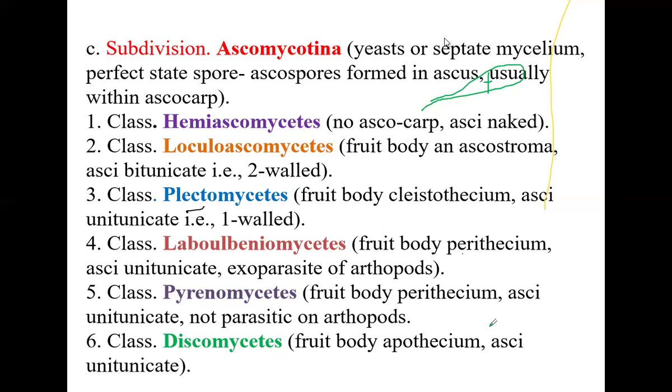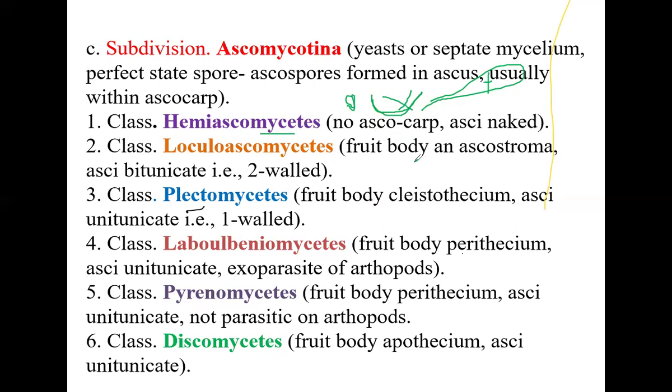Hemiascomycetes means those having no ascocarp, no ascus fruiting body. The ascus fruiting body is optional. The asci are naked, not in a fruiting body. That is grouped in Hemiascomycetes.